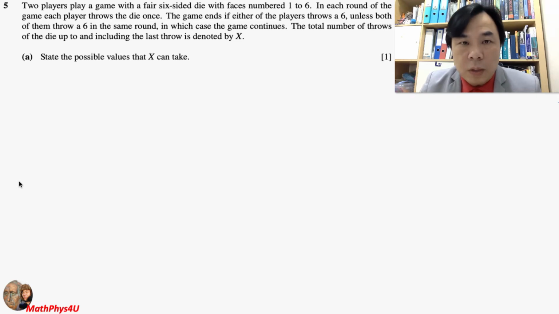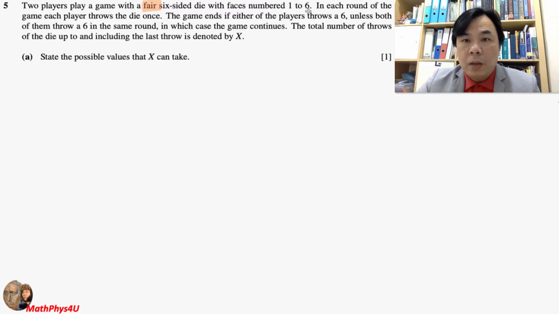I hope that is clear with this question. Now I'm going to highlight some of the main points in this question. First of all, this is a fair die. Fair die means the chance of one number appearing is 1 out of 6.